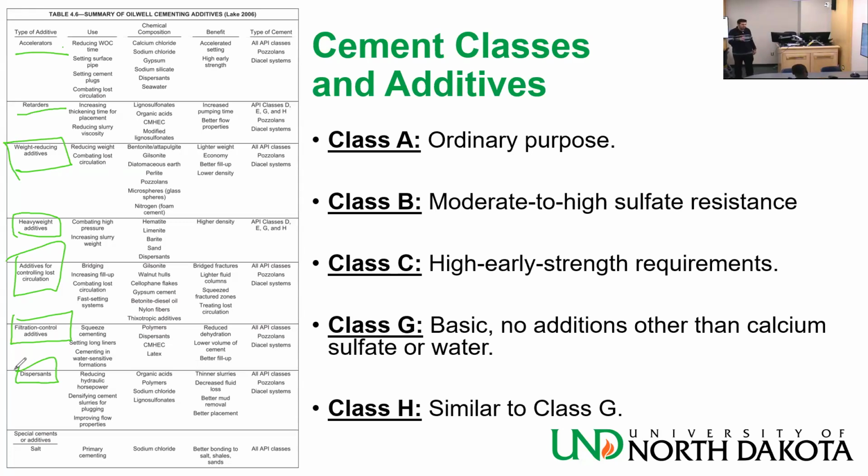It allows you to pump it easier, at a lower pressure. It makes it easier to pump. You need less horsepower. You have, again, salts, lignosulfonates, which basically thin out the mud, you know? Different polymers.